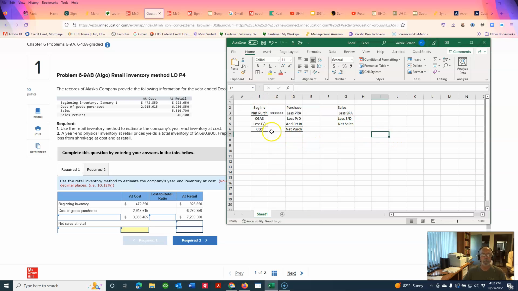And then if we subtract from our net sales our cost of goods sold, the resulting amount is our gross profit.